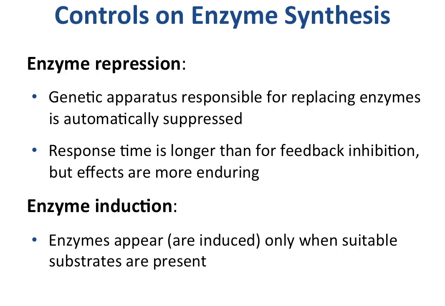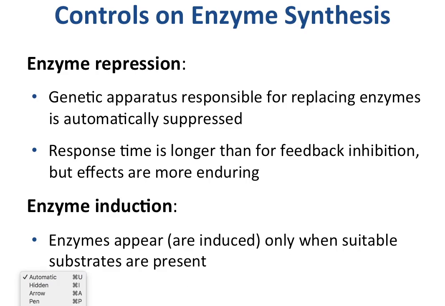If the cells need certain enzymes, the DNA can transcribe that enzyme information to make RNA, and the RNA can reach the ribosome to produce the protein.